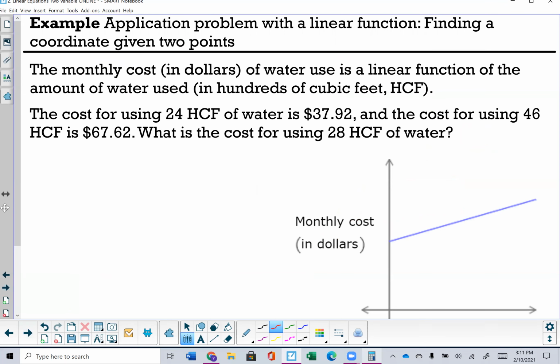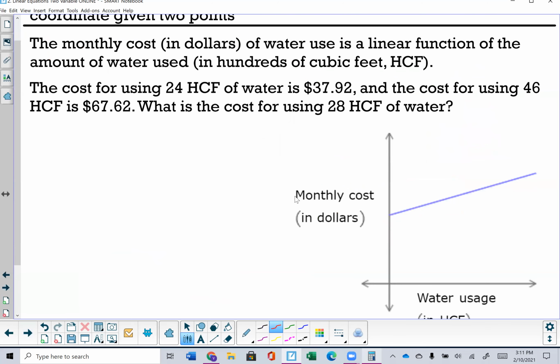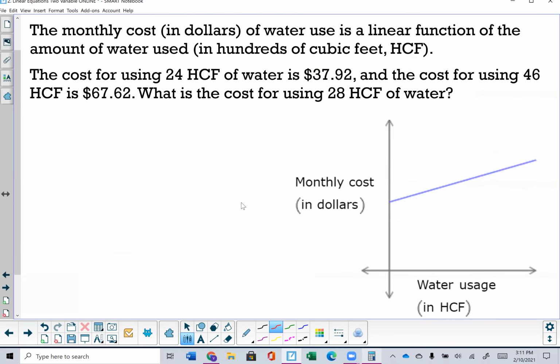Okay, you try it. So we have here the monthly cost in dollars of water use is a linear function of the amount of water used. And we have the cost for using 24 HCFs of water is $37.92. Okay. And the HCFs, as you saw above, is hundreds of cubic feet.